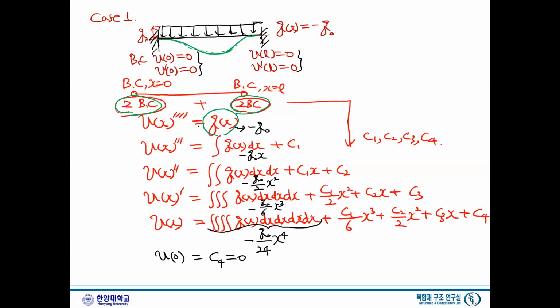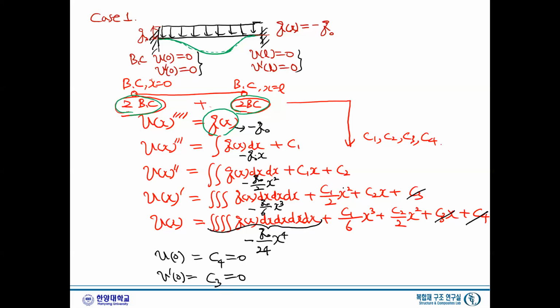Now another equation is V prime at 0 equals 0. So V prime at 0 means that, of course, the first terms will be 0, and then C3. So V prime at 0 is C3. But that is also given as 0. So as we can see, C3 and C4 are simply both 0.